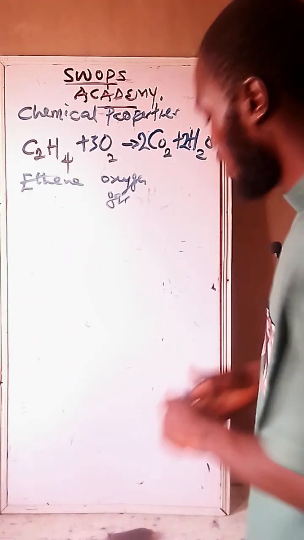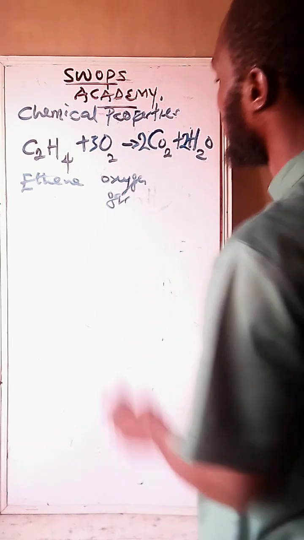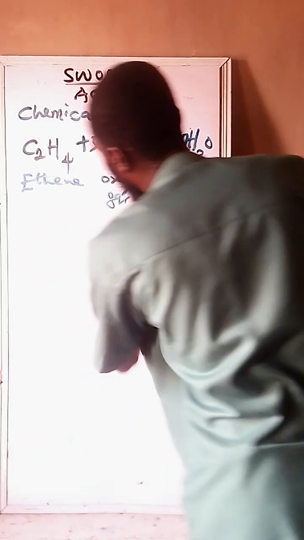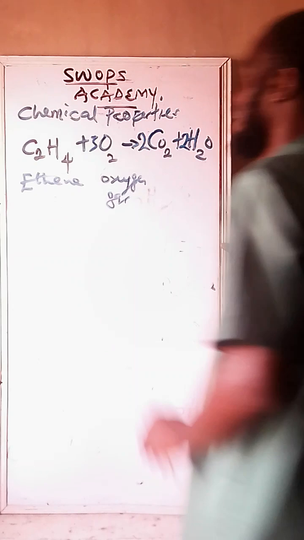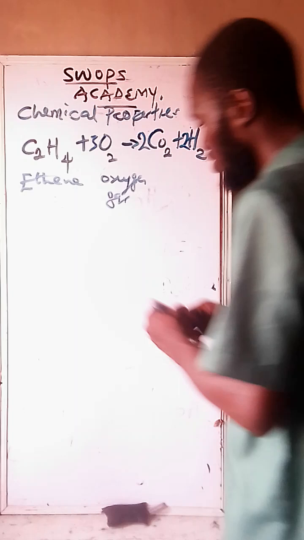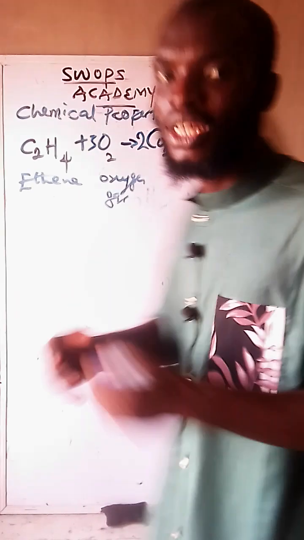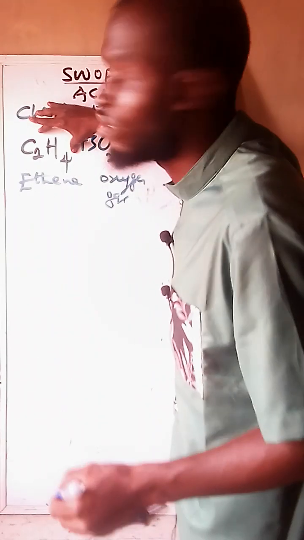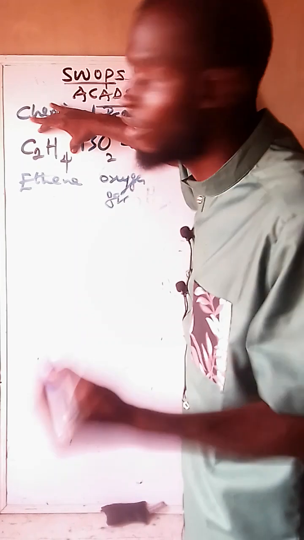The second chemical property of alkene, it undergoes addition reaction. When we say addition reaction, we simply mean alkenes can be added with another thing to become a saturated hydrocarbon. You know, this is unsaturated simply because of this double bond.